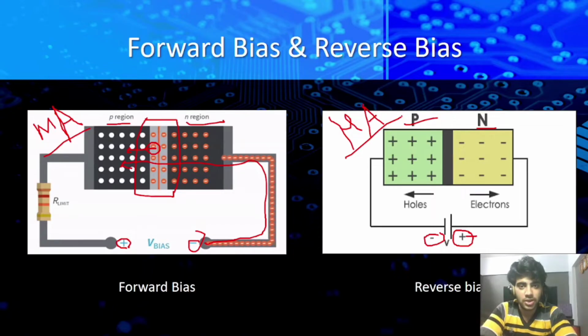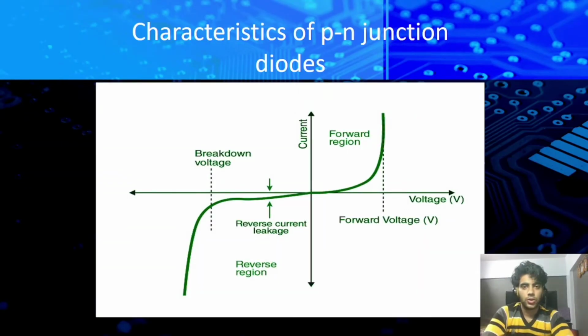Now we are going to see the characteristics of the PN junction in respect of potential and current. So till now we have seen what a p-type semiconductor is, what an n-type semiconductor is, what the depletion layer is, what forward bias is, and what reverse bias is. Now we are going to see the characteristics of the PN junction diode.